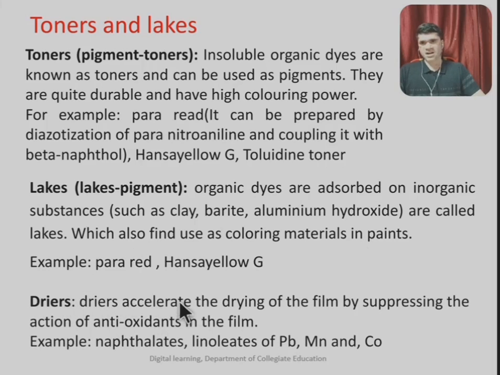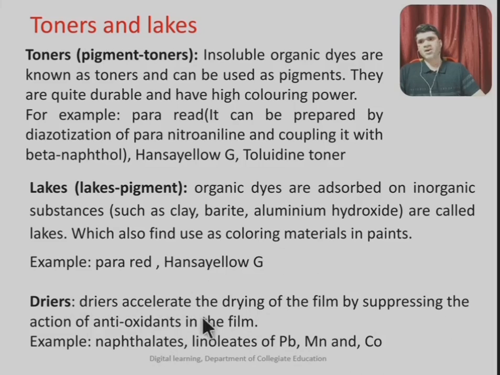Dryers accelerate the drying of film by suppressing the action of antioxidants in the film. Okay, examples for dryers are naphthenates, linoleates of lead, manganese and cobalt. So as we have already discussed in the properties of binders, the mechanism of drying of film is formation of hydroperoxide linkages of oils in the presence of oxygen.